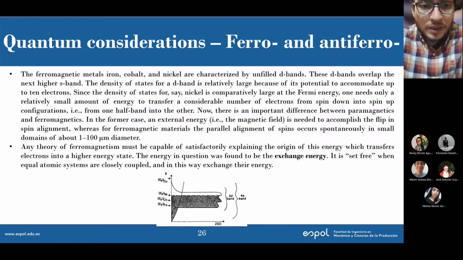Now, let's, for example, look at nickel. Nickel has a density of states that is very large at the Fermi energy. So you can see here the graph of density of states versus energy. And you can see for nickel it is a very large value.